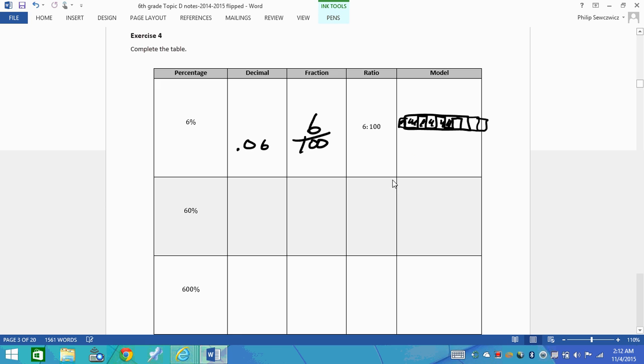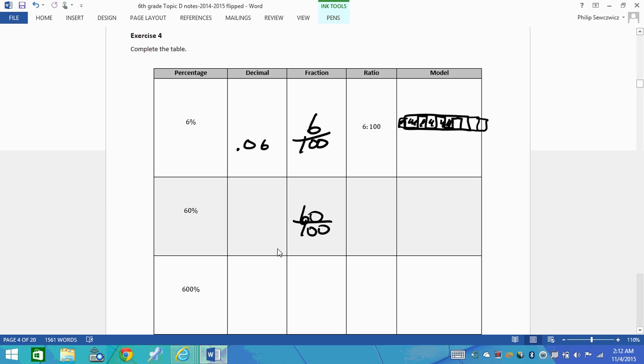I'm not as worried about the model. In fact, let's not fill that in. Man, I apologize if I didn't say that sooner. But that's all right. There are different ways you can go about it. You know what? I'm feeling guilty right now. I'm going to do those, but moving forward, we'll stop with them there. All right. So 60%. Remember, percent's always out of.